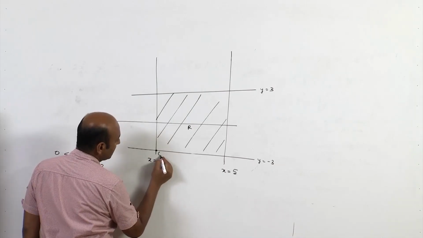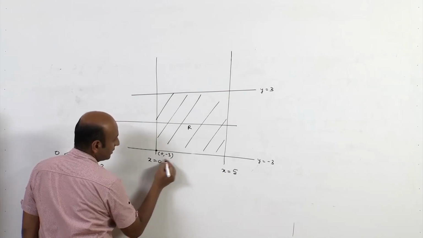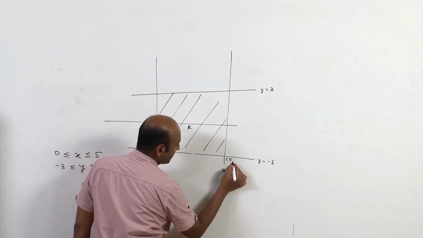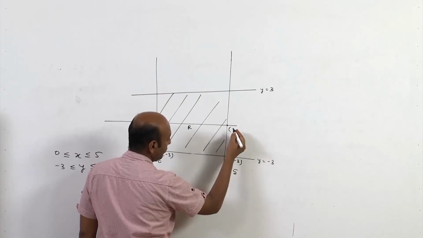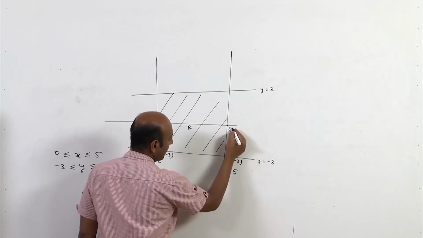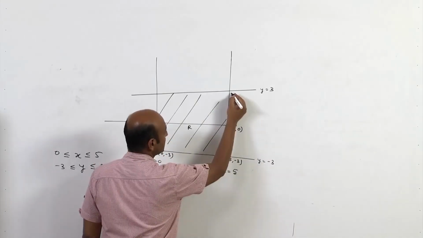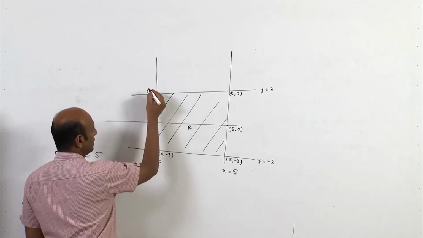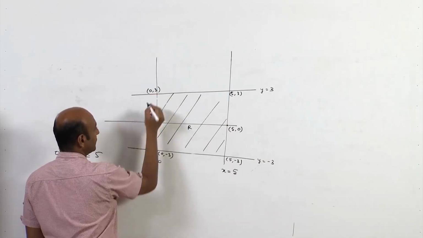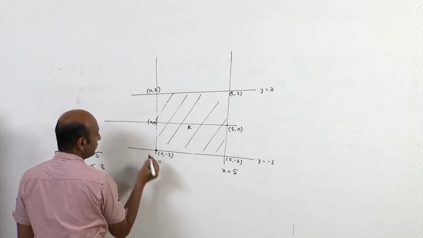This vertex is 0 comma minus 3, this is 5 comma minus 3, this point is x equals 5 and y is 0, this point is 5 comma 3, this point is 0 comma 3, this point is 0 comma 0.